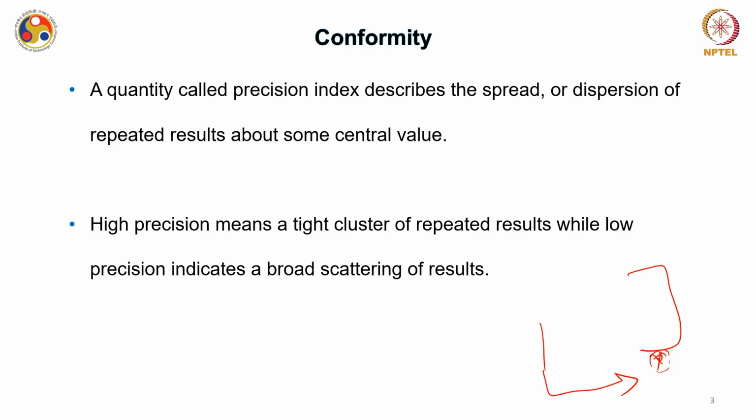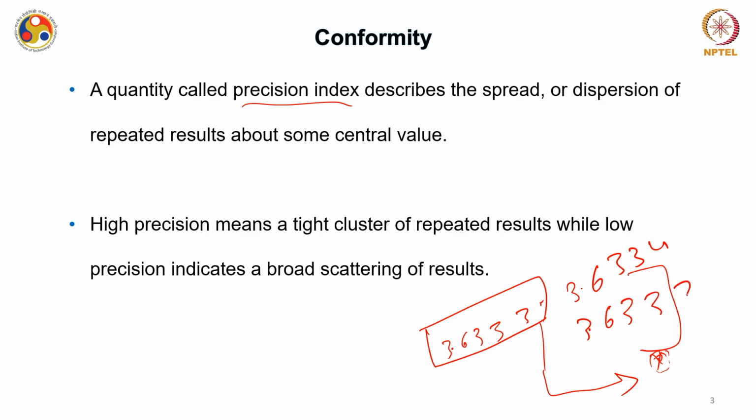So, if I have a certain value, say 3.6333, the precision index will describe the spread or dispersion of the repeated data about this central value, which can be, say, 3.6334, 3.63331, 3.63328, like this.